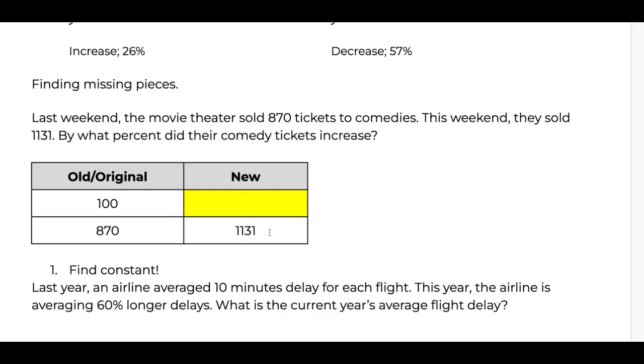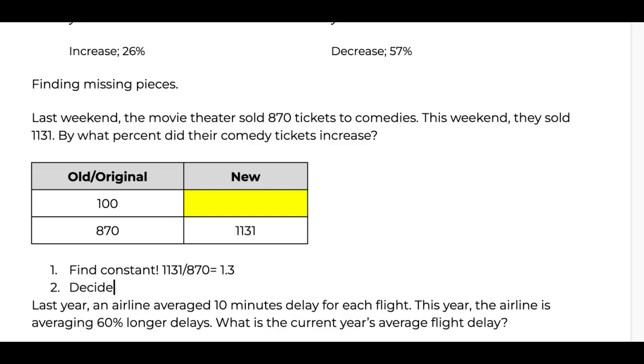So you're going to find the constant by dividing backwards with 1131 and 870. So 1131 divided by 870, that's going to give you 1.3. That is your constant.